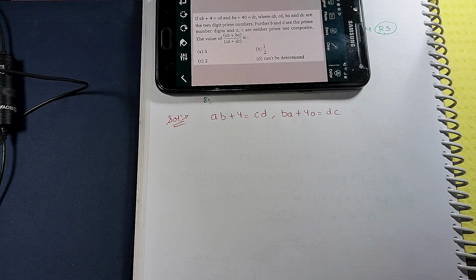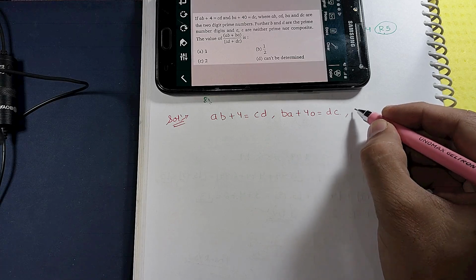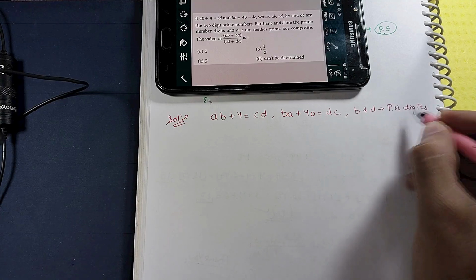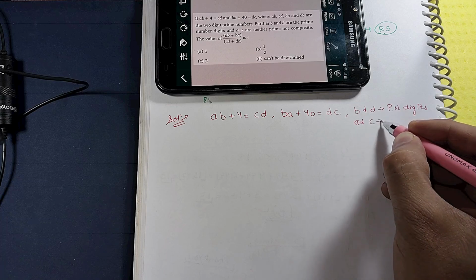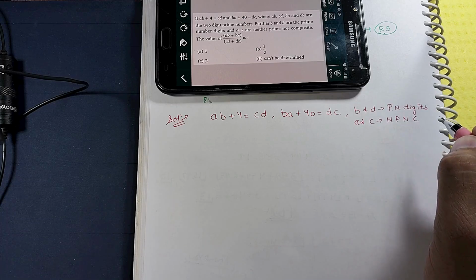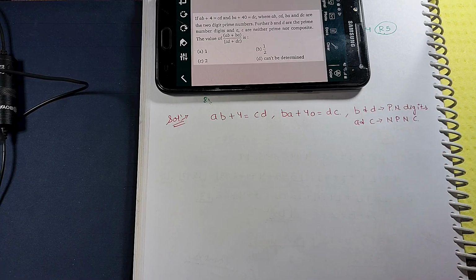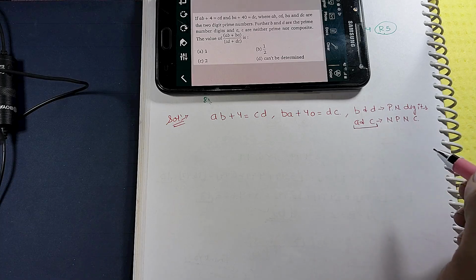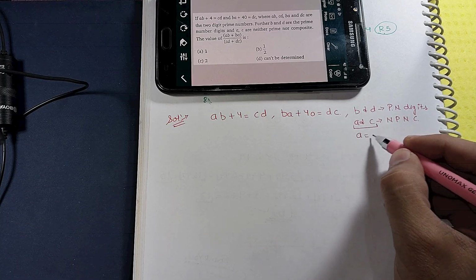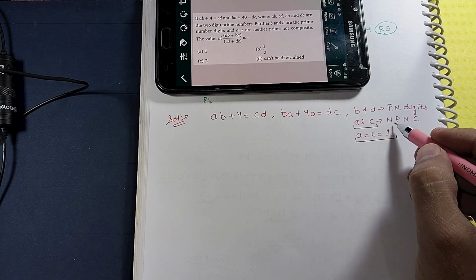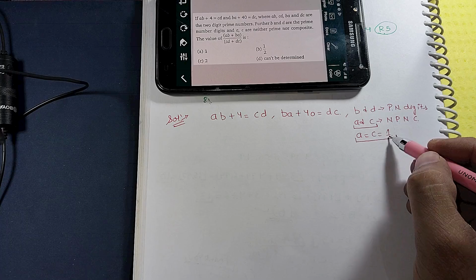Further, B and D are prime number digits, and A and C are neither prime nor composite. The value of AB plus BA upon CD plus DC is... So A and C are neither prime nor composite. That means A should be equal to C should be equal to 1, right? Because the number which is neither prime nor composite is only 1.